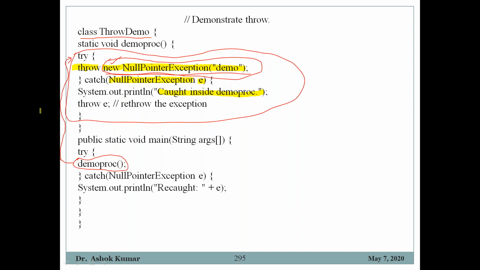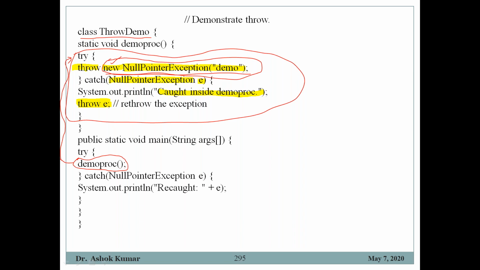And then we are throwing the exception. So this throw keyword will again throw the exception object. When this exception is thrown, it will find the matching catch block in the outer try block, right?